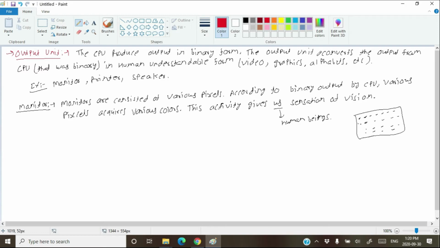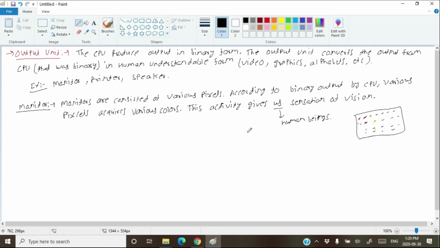Suppose you want to color this pixel with yellow, and this one with green, and similarly by arranging various pixels with various colors, we get a proper picture which is understandable by the human being. So this is how the monitor works.